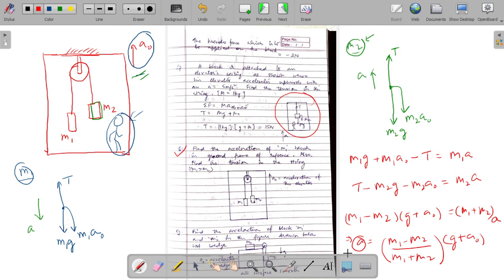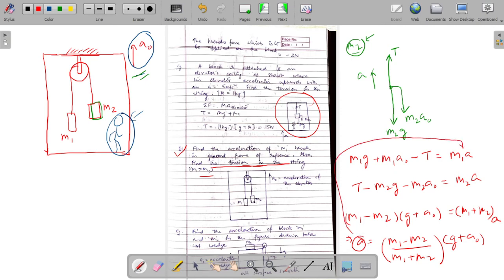And what would be the value of tension which is asked in the question? Find the tension in the string. That we can easily find by substituting the value of acceleration in any of these equations. Let's say we substitute in equation number 1.